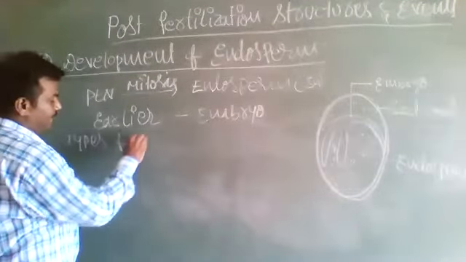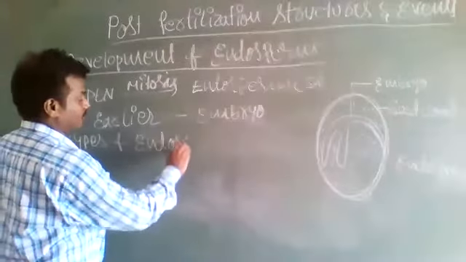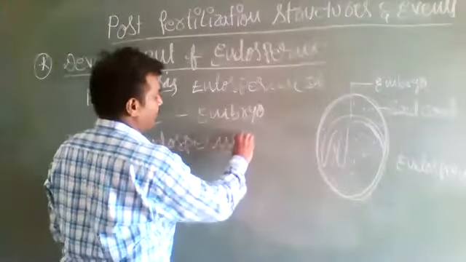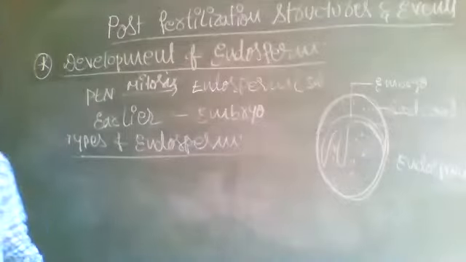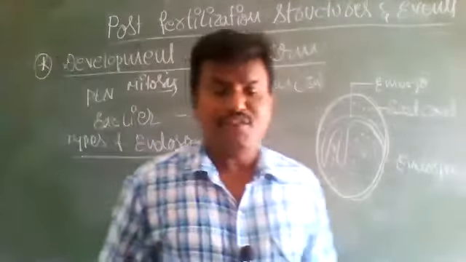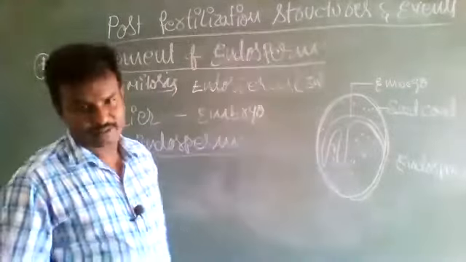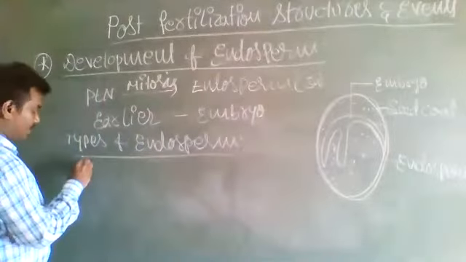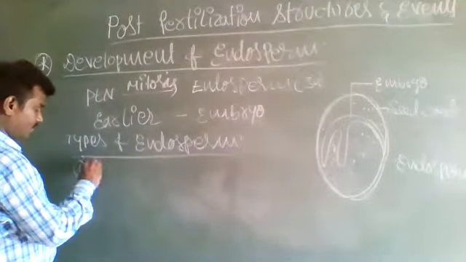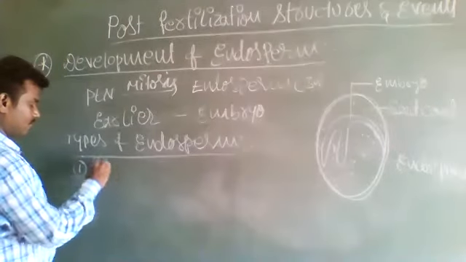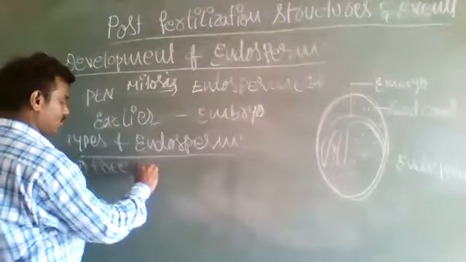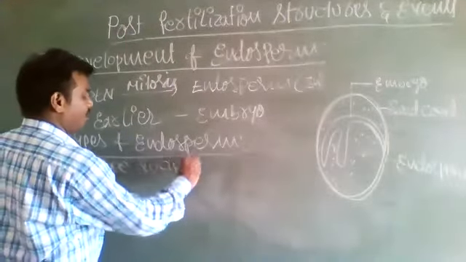Types of endosperm. In flowering plants, 3 different types of endosperm are commonly formed. Those 3 types of endosperms are, first one is free nuclear endosperm.